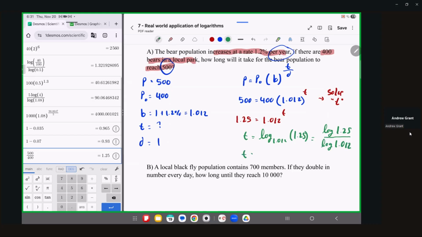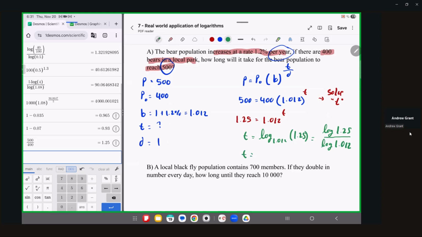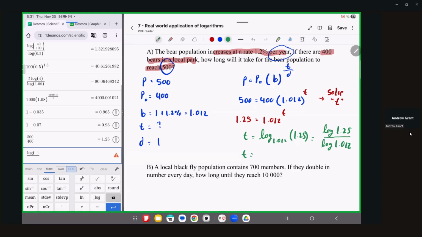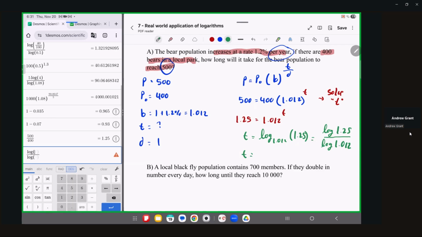If you type that into your calculator, we get that this bear population will take about 18.7, and these are in years. And that's what all of these questions are going to look like. Identify the parts we're given, use the equation, and go from there.